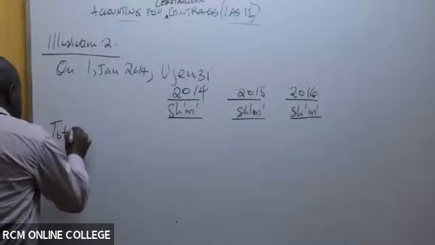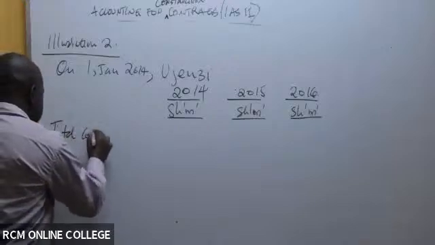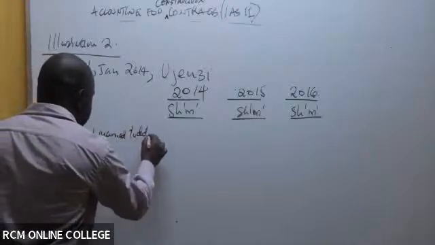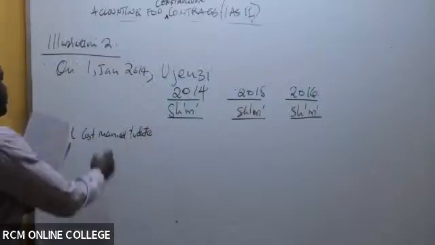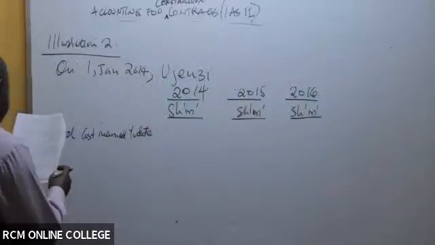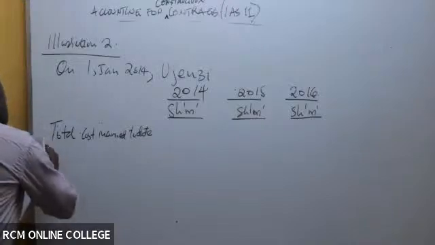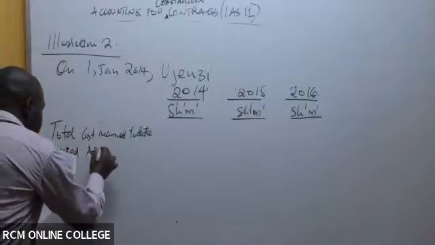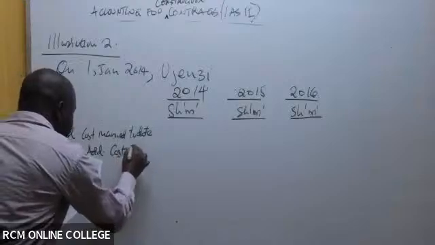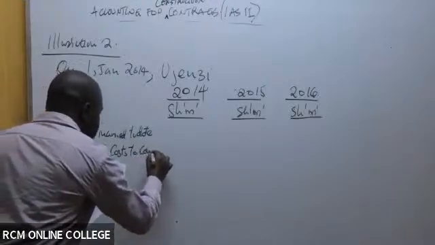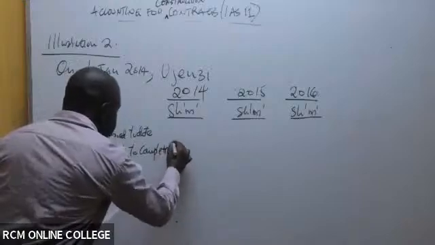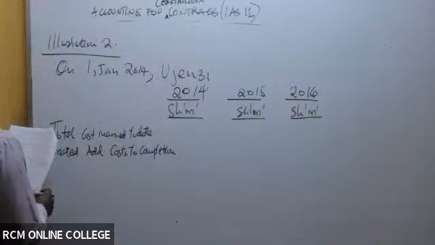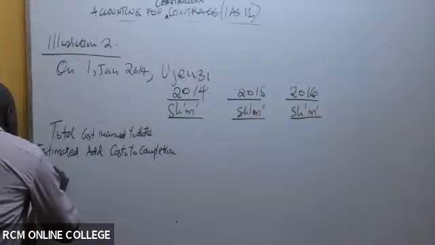So we start with total cost incurred to date, you know, the first item there. Then estimated additional cost to completion. Then billings made during the year on the contract.